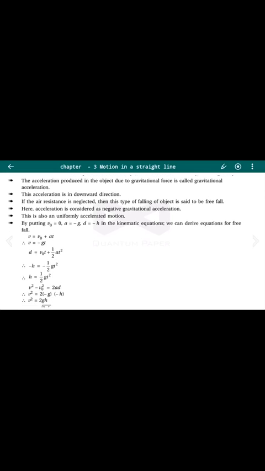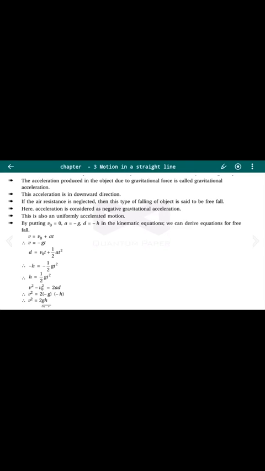Already we have discussed the three kinematic equations relating initial velocity, final velocity, acceleration, displacement and time. Let us take the first kinematic equation, v equals v0 plus at, and substitute v0 equals 0, a equals minus g, d equals minus h.